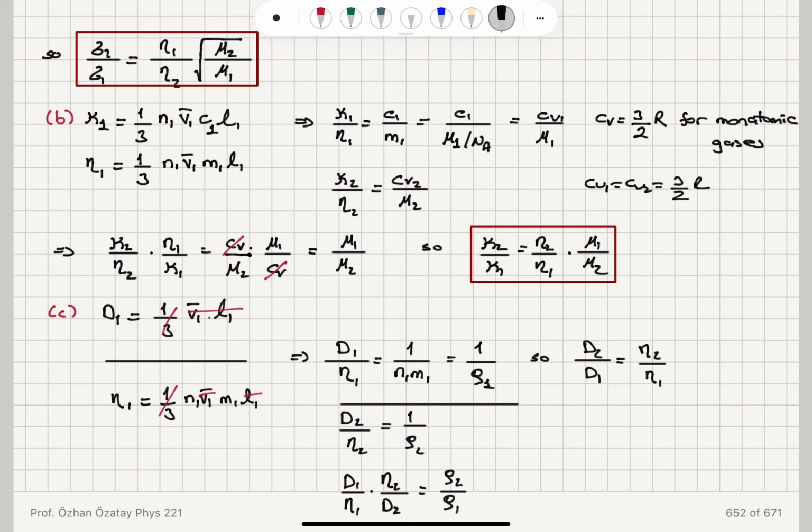So you can see that d2 over d1 will be eta 2 over eta 1 multiplied with rho 1 over rho 2. So this will go here as rho 1 over rho 2, and this will be d2 over d1.